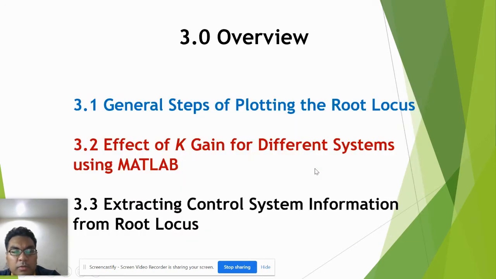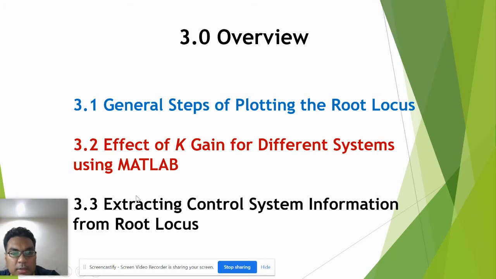So this is the overview for today's class. The first one is the general steps of plotting the root locus. Basically you should know how to draw the root locus by sketching from nothing to a complete root locus. The next one is we are going to MATLAB again, where we look at the effect of K gains for different systems and how you can extract important information from the root locus plot.